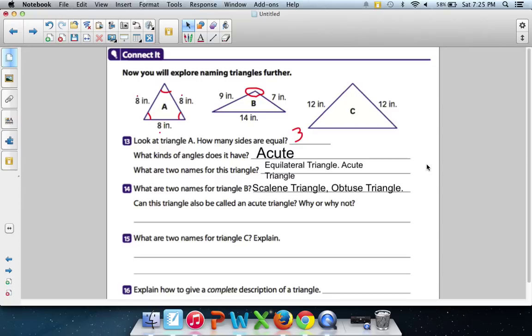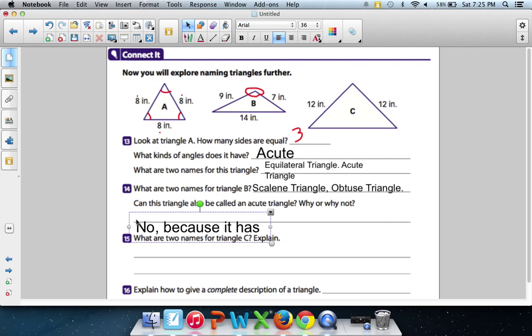If it has one obtuse angle, it is an obtuse triangle. Let's take a look at right here. Can this triangle also be called an acute triangle? Why or why not? Well, it has acute angles, but the answer is no, because in order for it to be an acute triangle, it has to have all acute angles.